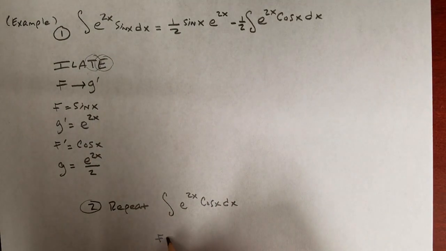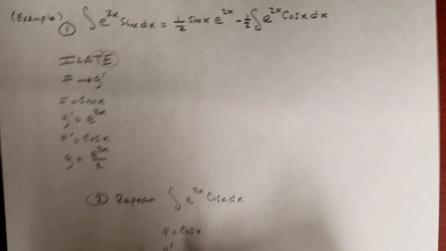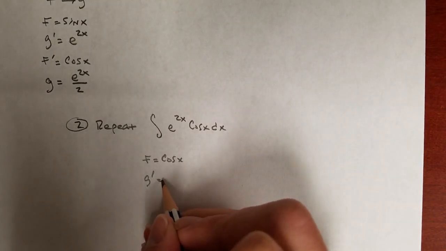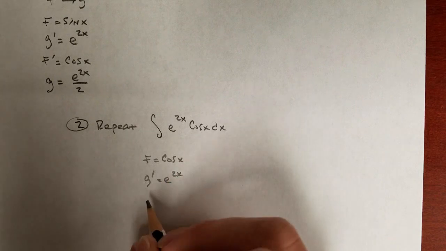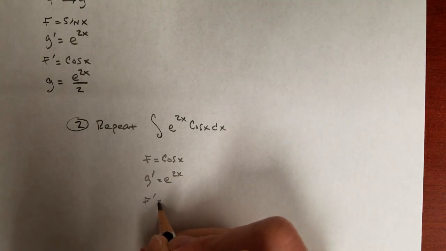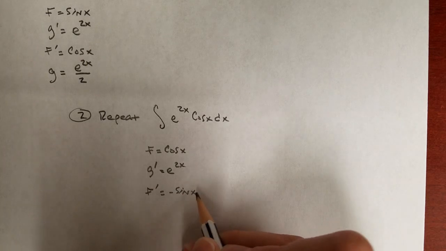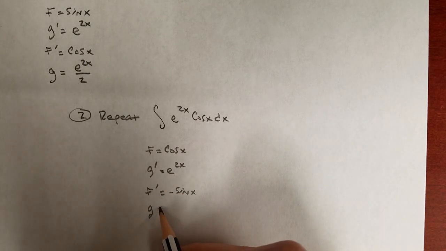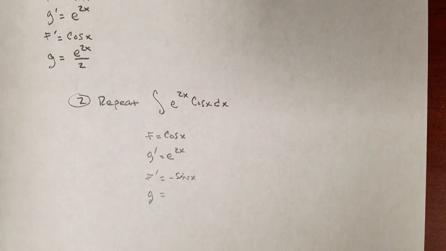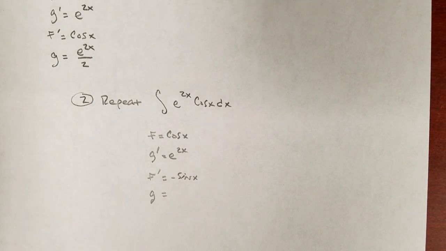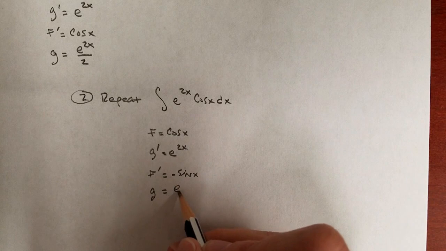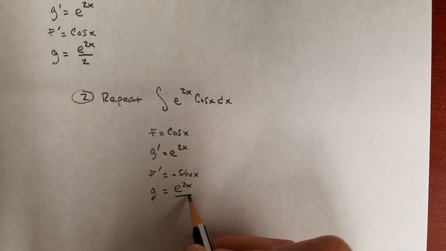So f is cosine. G prime is e to the 2x. F prime is going to be negative sine. And g is going to be whatever the antiderivative of e to the 2x is, which is e to the 2x over 2.